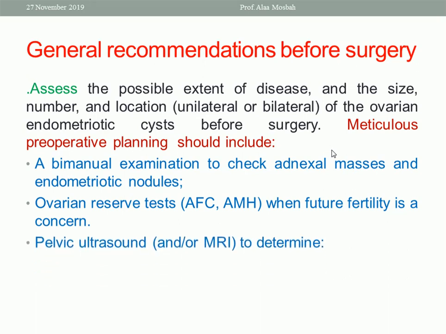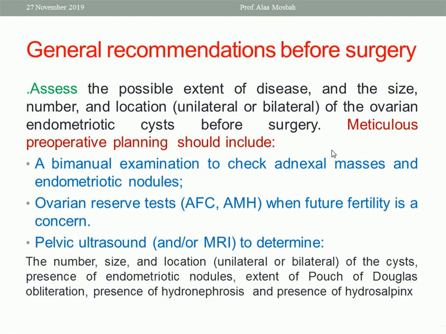Also, pelvic ultrasound, transvaginal ultrasound, or MRI to determine the number, size, and location, whether unilateral or bilateral, of the chocolate cyst, and if there is any endometriotic nodules, and extent of pouch of Douglas obliteration, how much the obliteration, presence of hydronephrosis, if the ureter is infiltrated or affected or constricted by adhesions and fibrosis, or the presence of hydrosalpinx, something very important.